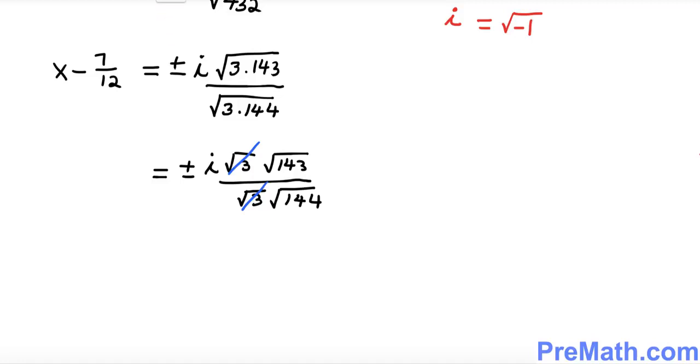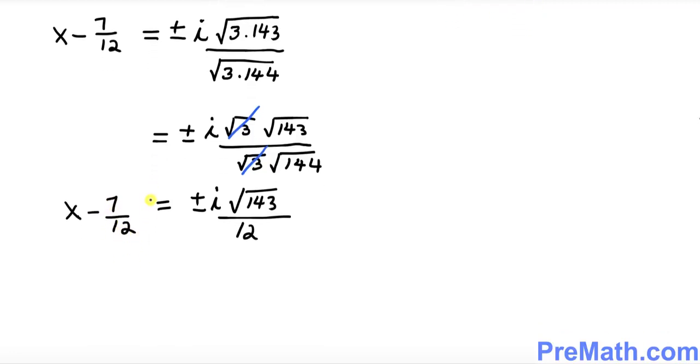So we are pretty much done. Positive or negative i times square root of 143 divided by, we know that this is a complete square, square root of 144 equals to 12. So that is equal to x minus 7 over 12.